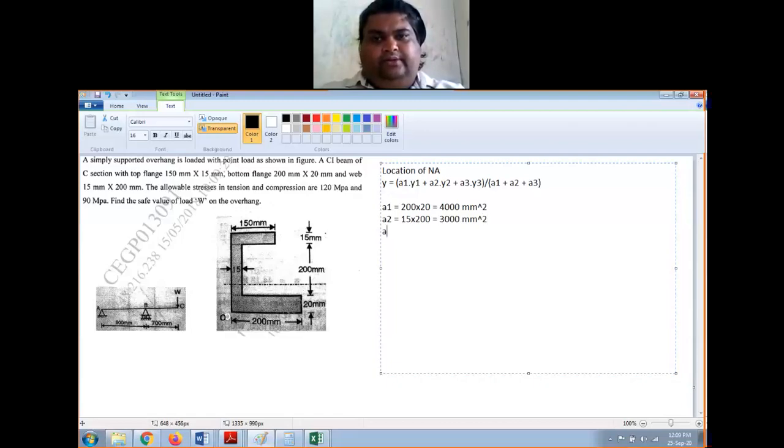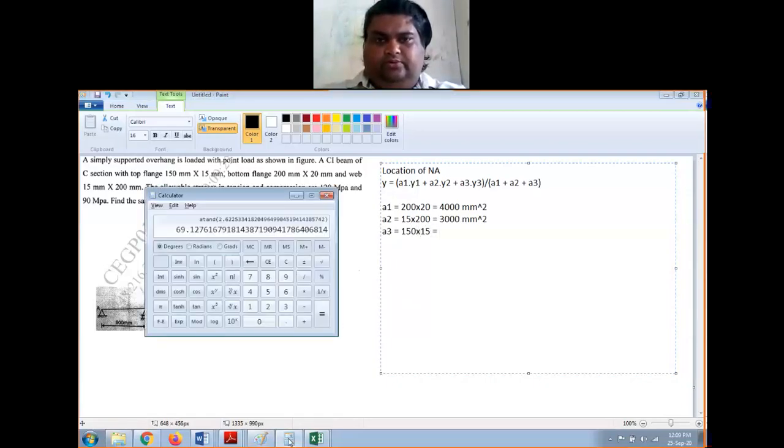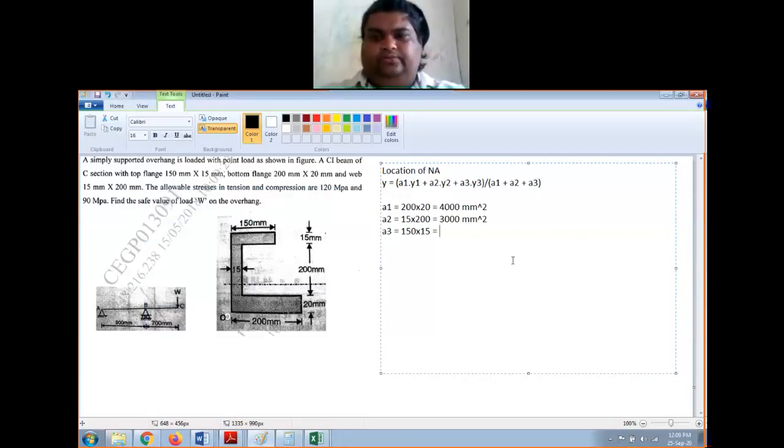And A3 is equal to 150 into 15, that is 2250 mm square. Now I have all the areas, so I can calculate further.